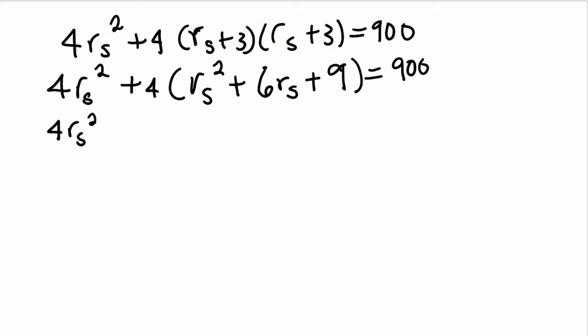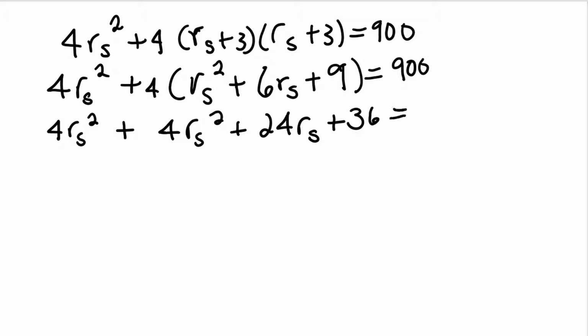Let's continue. 4RS squared plus, now distribute the 4 to each of the 3 terms of the quadratic. So you've got 4RS squared, 4 times 6 is 24RS, plus 4 times 9 is 36, and that is still equal to 900. Let's combine some terms.